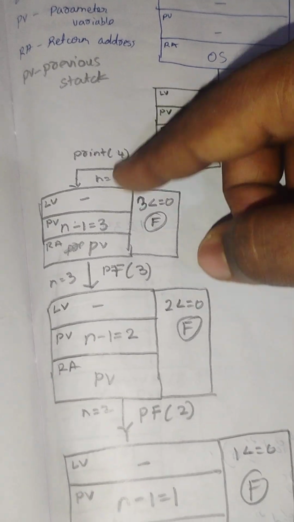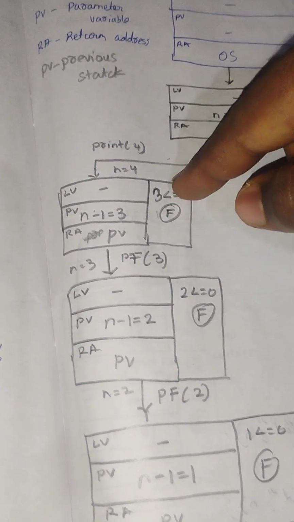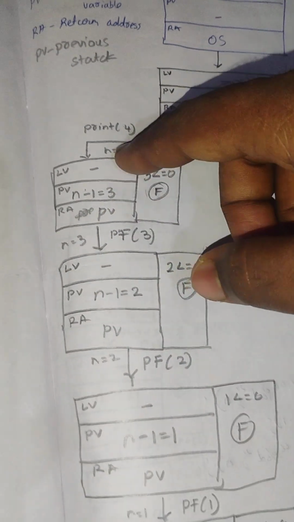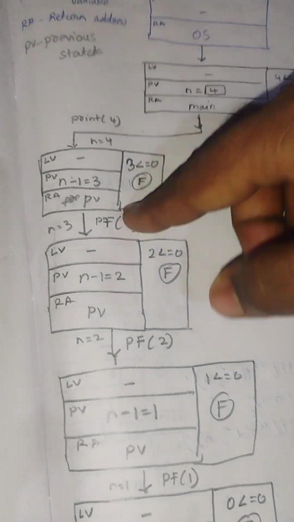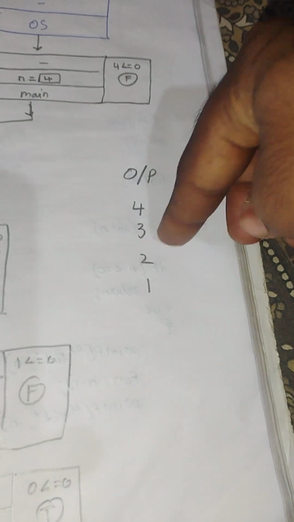After printing 4, the function call will happen, and 4 minus 1 is 3 is assigned. The condition returns false. So again and again these steps repeat, and before calling the function we print the value. So what is the output? 4321.